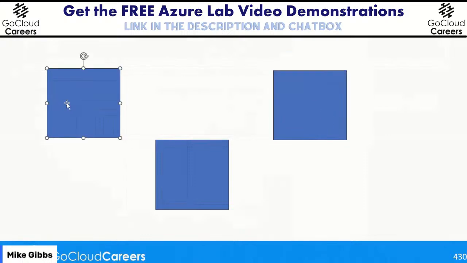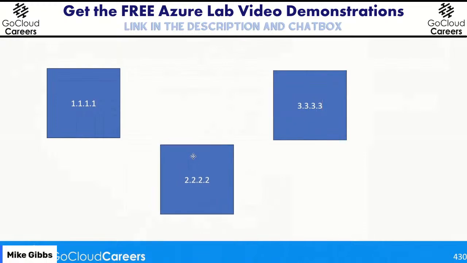So for transitive routing to occur, and I'm going to just make up some easy to use IP addresses, 1.1.1.1, 2.2.2.2, 3.3.3.3. These are public addresses, so we're just making them up. Don't connect to these.